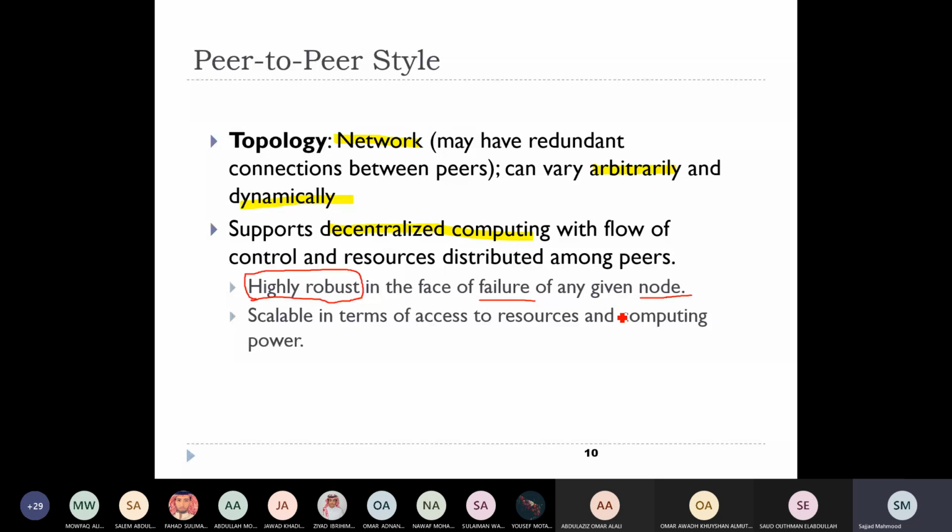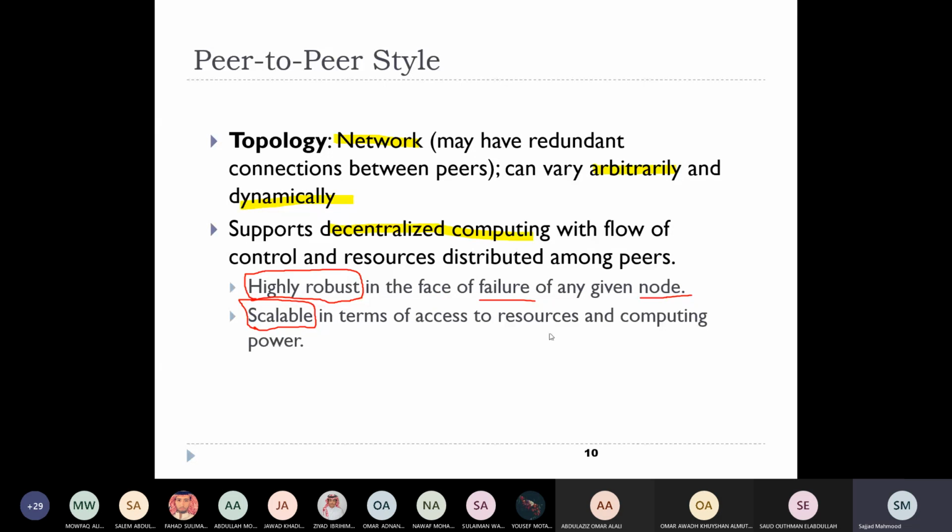The system will survive. And similarly, it's very scalable. Because of the decentralized nature, 1,000 peers can join, 1,000,000 peers can join, and it will be able to handle it.